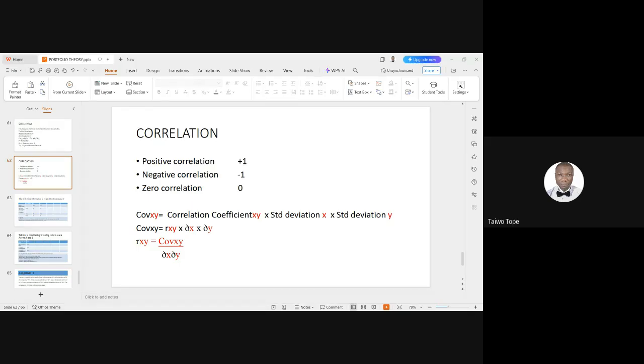And where you are not given, you can determine your correlation coefficient where certain variables are given.